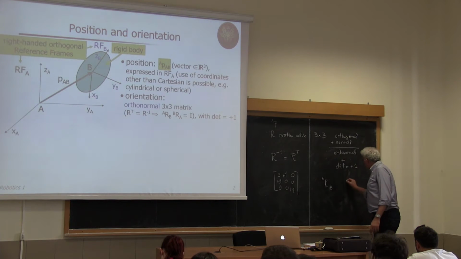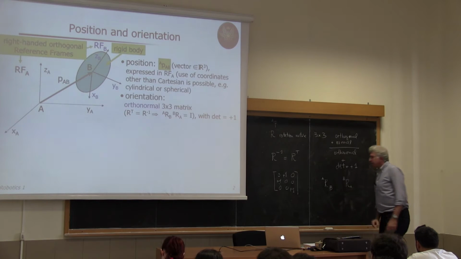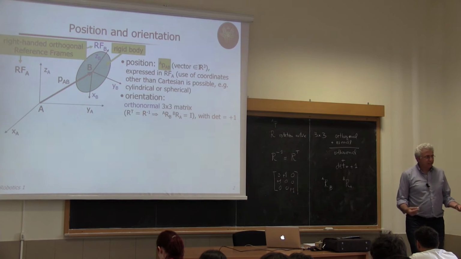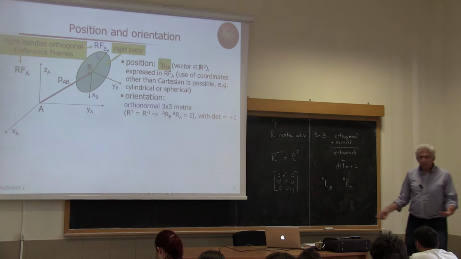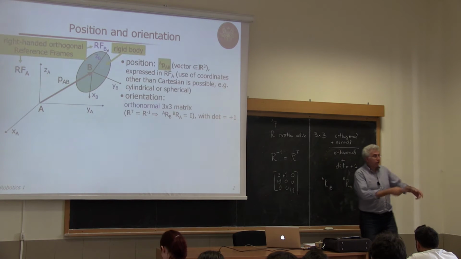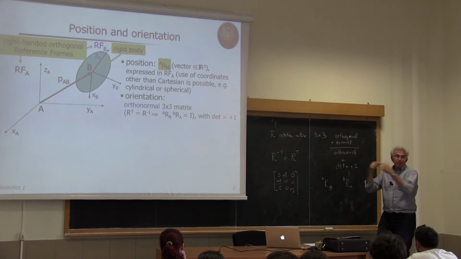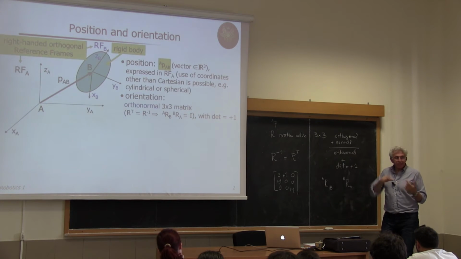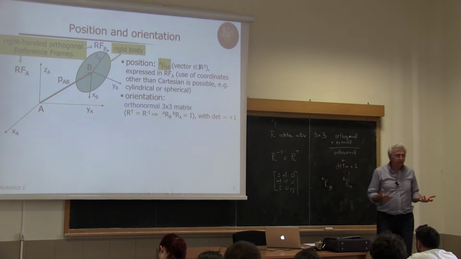So this is the orientation, and we will see now what this means. Well, we may also have this kind of reverse operation. What does this matrix represent? It represents the orientation of frame A as seen from frame B. So exactly the inverse operation.